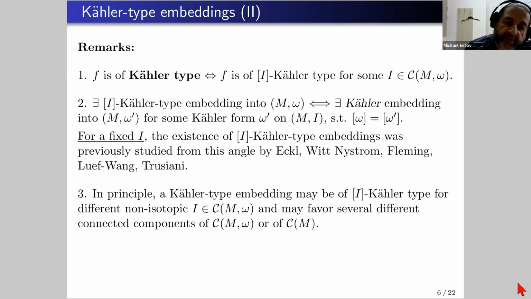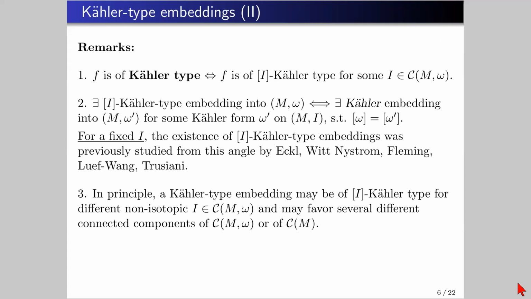The third remark is that in principle, a Kähler-type embedding, as I said, may be of I Kähler-type for different non-isotopic I's and may favor several different connected components of the space of all Kähler-type complex structures, or just the ones that are compatible with omega.